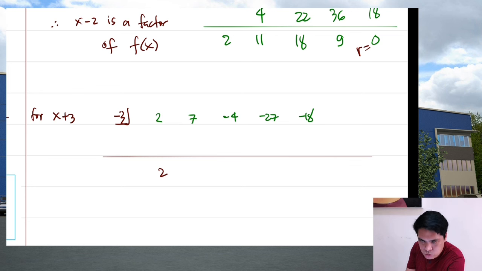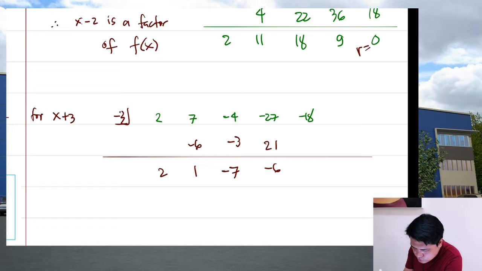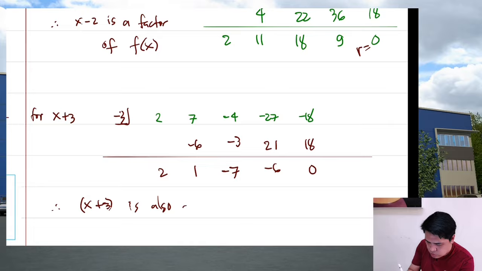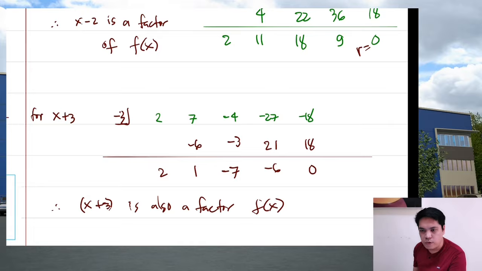Bring down 2. 2 times negative 3 is negative 6. 7 minus 6 is 1. 1 times negative 3 is negative 3. Then this is negative 7. Positive 21. Then that's negative 6, and positive 18. The remainder is 0. So therefore, x plus 3 is also a factor of the given polynomial f of x.